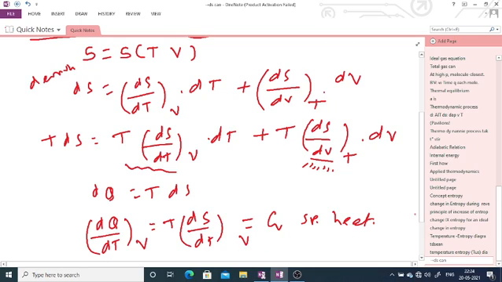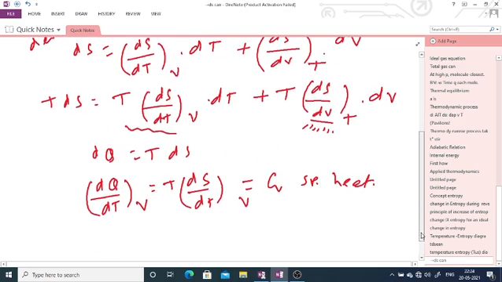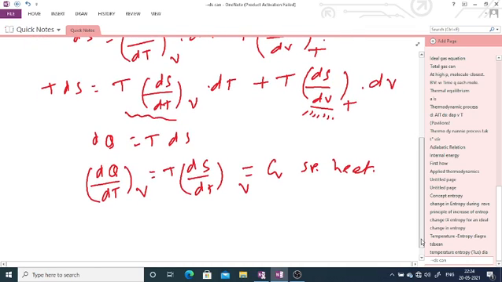Now there are four Maxwell relations between pressure, volume, temperature and entropy. Maxwell gives four relations among the thermodynamic variables. So here we use one equation from the Maxwell thermodynamic relations.